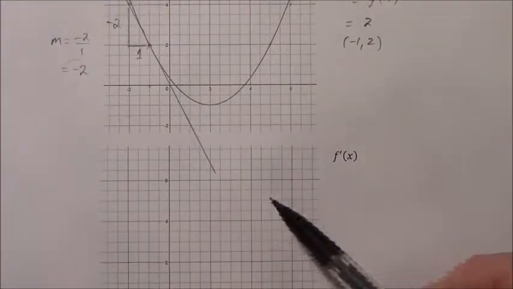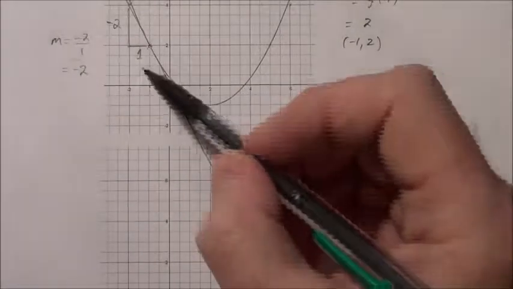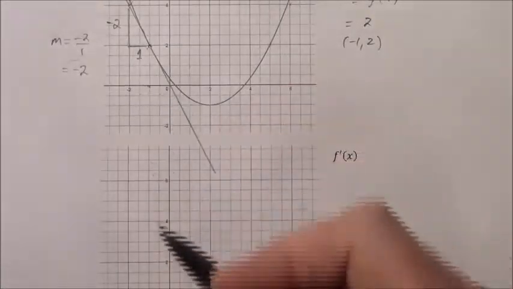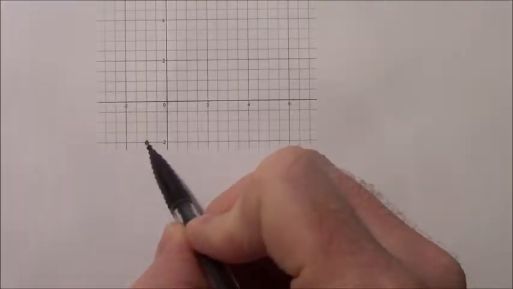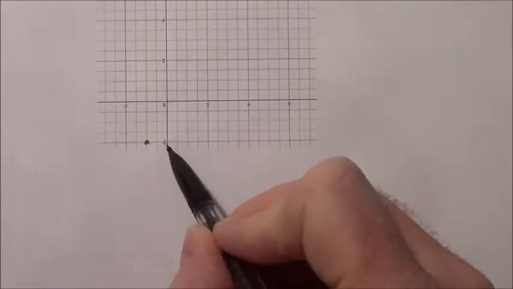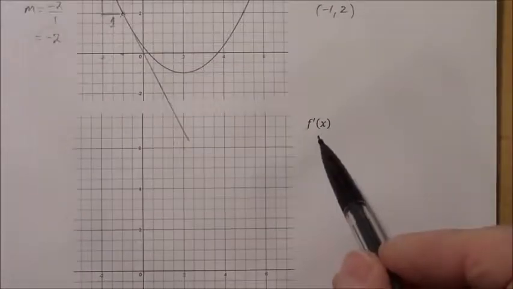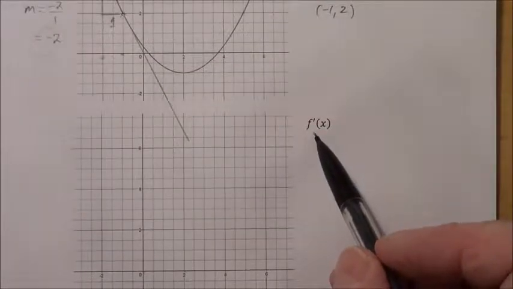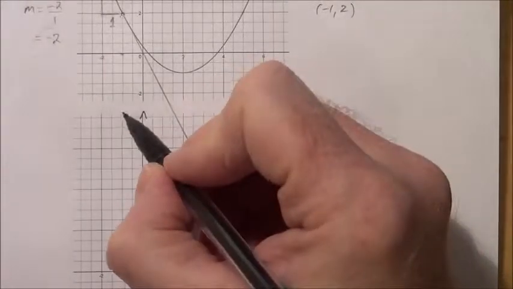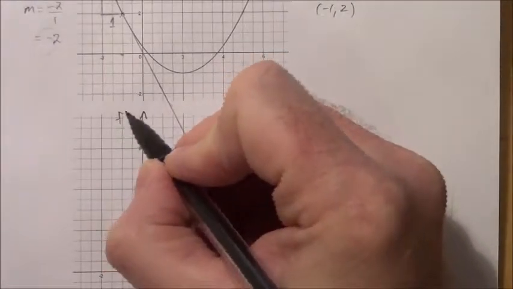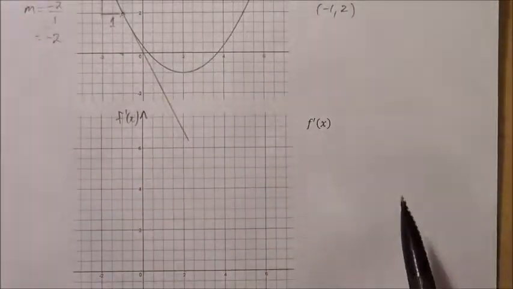So if I graph the gradient function down below at x equals negative 1, I'm going to plot a point at negative 2, because now this is the gradient function that we're looking at. So this is not y, this is basically y prime, or f prime of x.